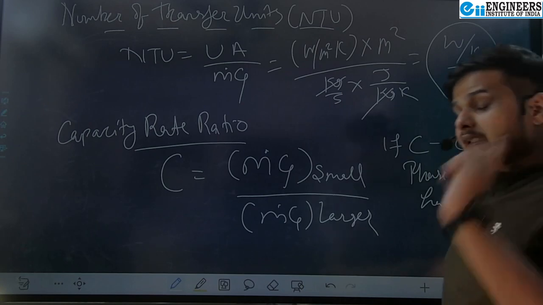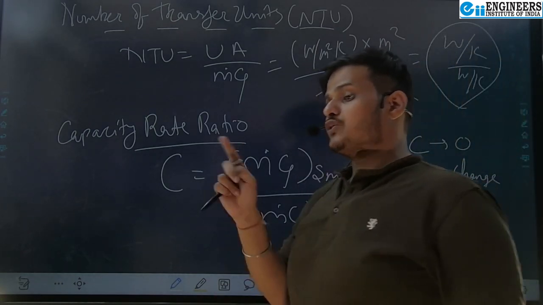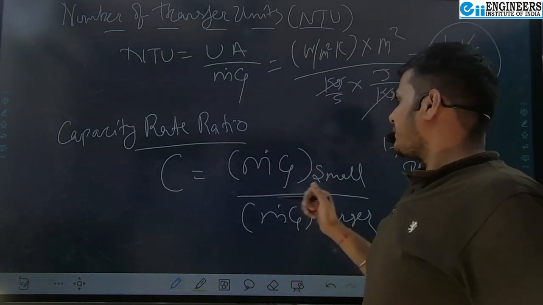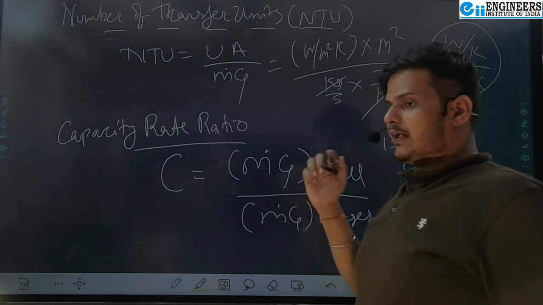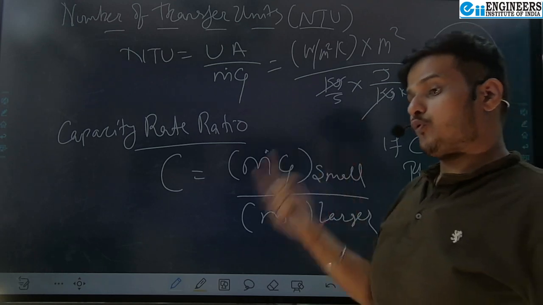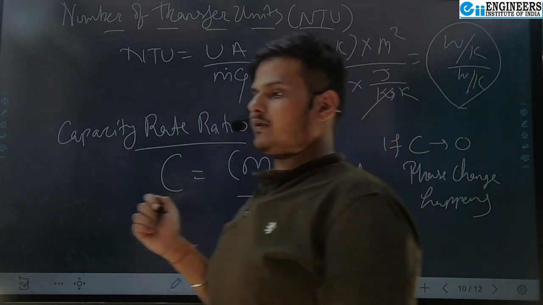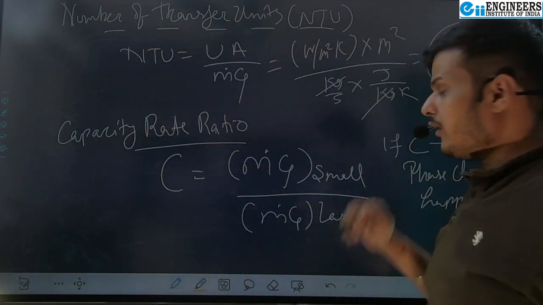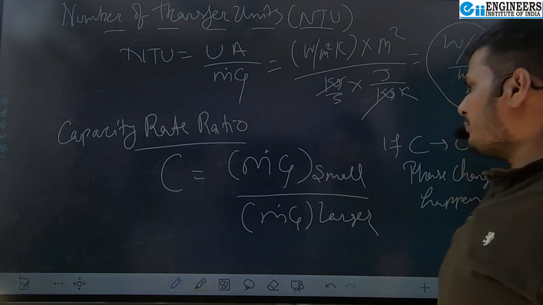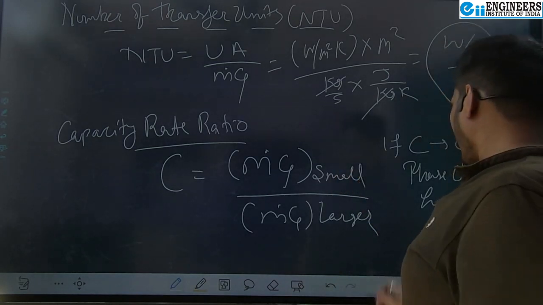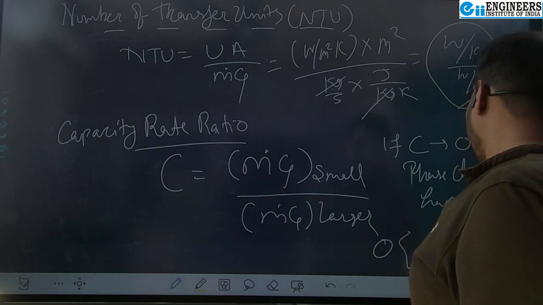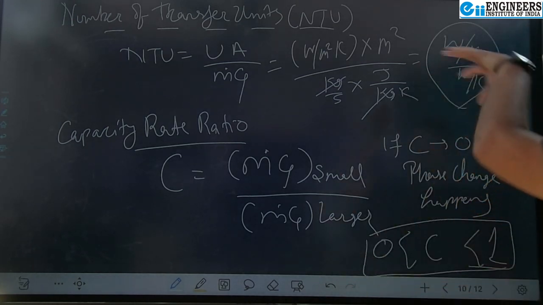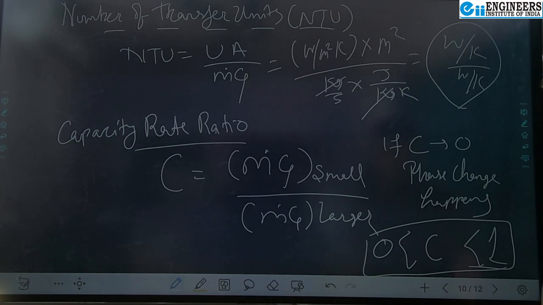If the capacity rate ratio equals 0, what does that mean? Either of the fluids is undergoing a phase change process. If for a system your capacity rate ratio is 0, that means the system is undergoing a phase change process. Or if mCp small equals mCp large, then C equals 1, that means 0 is less than or equal to C is less than or equal to 1 for a system. So this is the significance of NTU and capacity rate ratio.